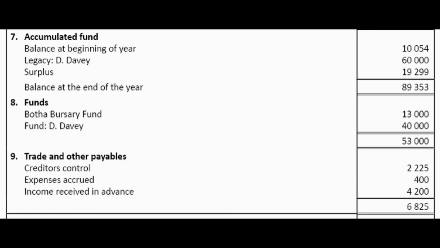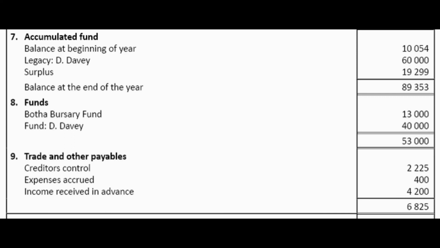And then also the Davy fund, that amount was received during the year, and you opened that account, the Davy fund. The first entry in that account was that 100,000 from the bank. So you debited bank and credited that 100,000 in the Davy fund account. But because of that 60,000 that you capitalized, you sort of took it out of that fund and transferred it to the accumulated fund account.